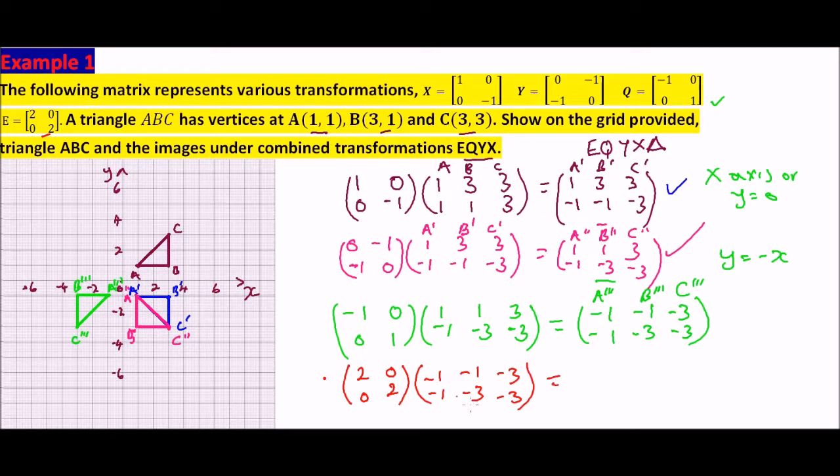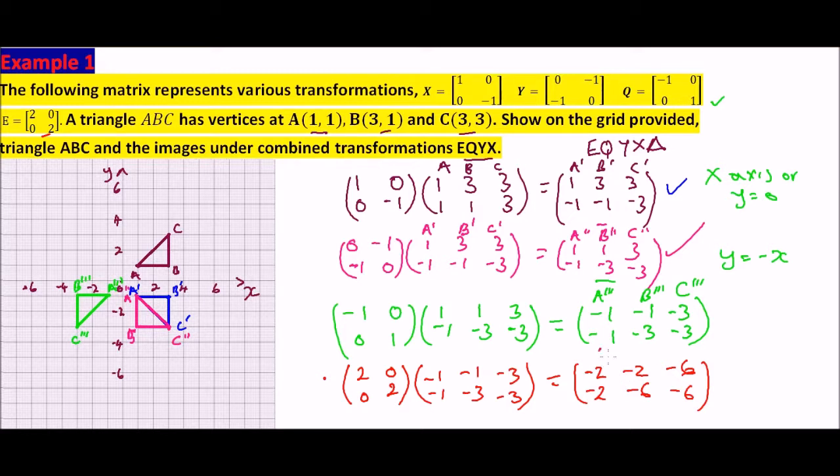So when you multiply this, 2 times minus 1 is minus 2, 0 times 1, minus 1 is 0. So generally we write minus 2, minus 2, minus 6. The other row, 0 times minus 1 is 0, 2 times minus 1 is minus 2. So we just multiply that by minus 2. So we have minus 2, minus 6, minus 6.